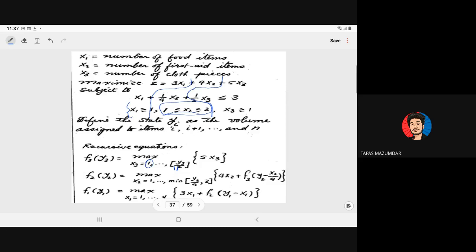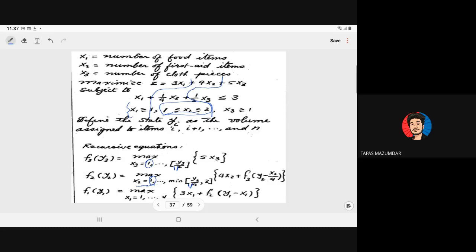And what is the range of x2? X2 will be from 1 to the minimum of 2 or y2 upon 1 by 4. Clear this part?